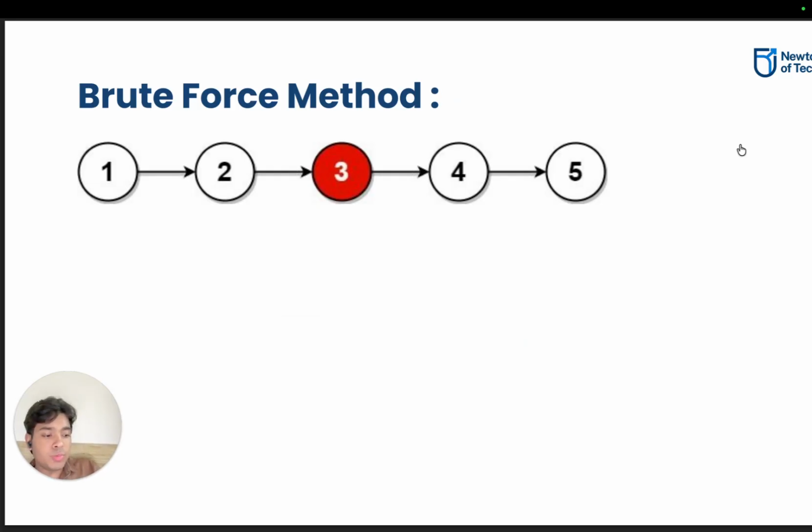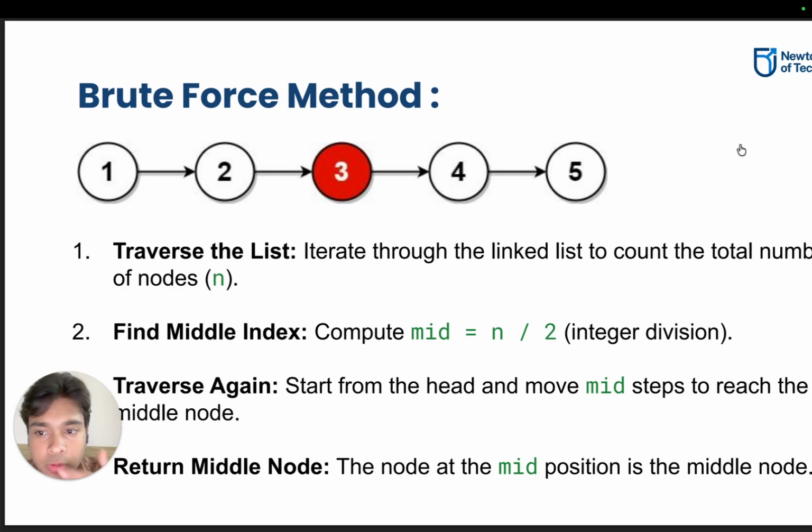We will use the brute force method for this. As you can see in the diagram, we have made a linked list 1 2 3 and 4, and 3 is in red. We will traverse the list, iterating through the linked list to count the total number of nodes.